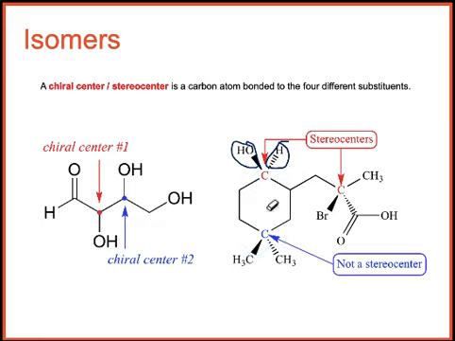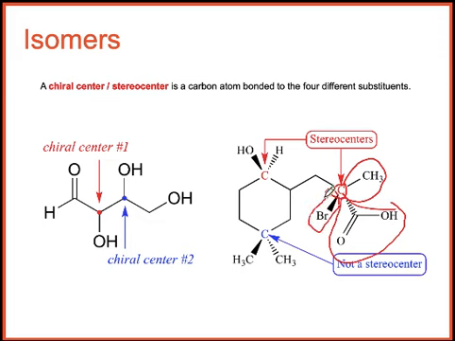Let's go see the next one though. So this carbon has a methyl group. It has this other group over here, and it has this bromine group. And it has this other thing. So it is a chiral center. Let's go see what is not a chiral center. What is not a chiral center is this carbon here.